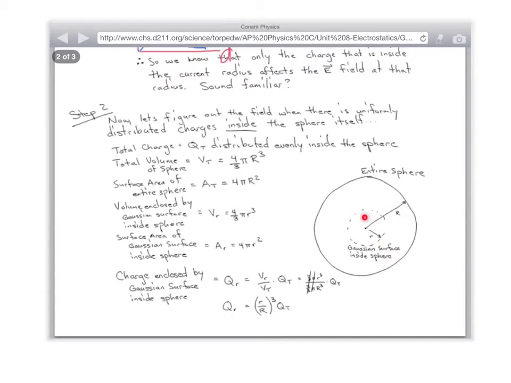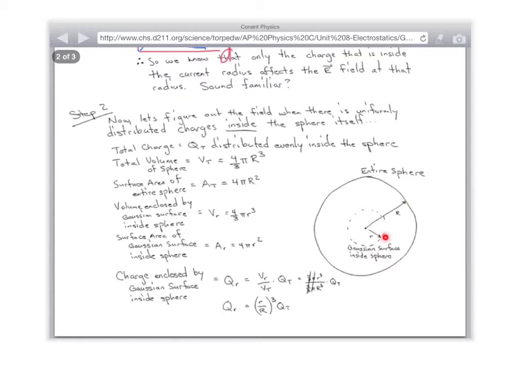Little r, because big R is the radius of the entire sphere. When you're doing these problems, you need to make a distinction between little r and big R. Big R is a constant, little r is going to be a variable.